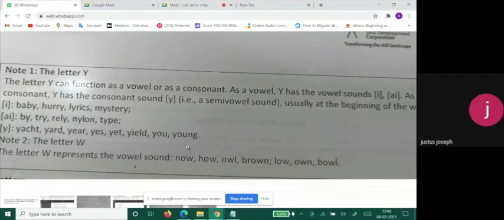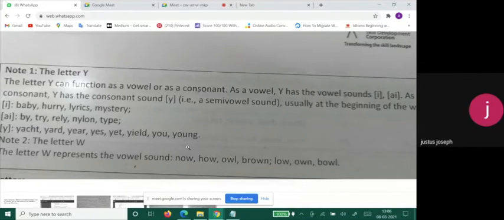The first sound is I, the sound E. What is the sound of I? E. Independent. India. What is the sound of I? E. In your language, what you say as E, that is I. It is a vowel.